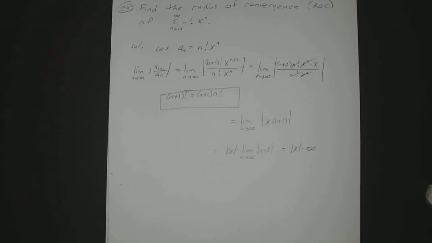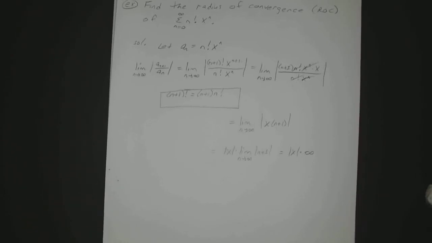Okay. So this will only be less than 1 if x is 0. That's the only value that will make that less than 1. Anything else, it's just still going to be infinity. So it's only going to be convergent at 0.